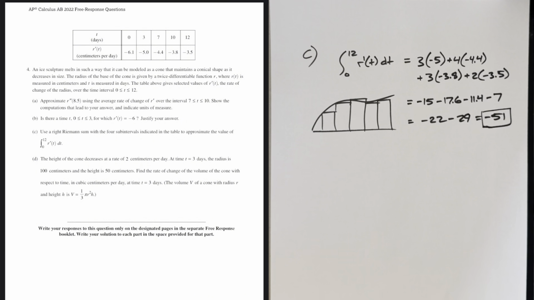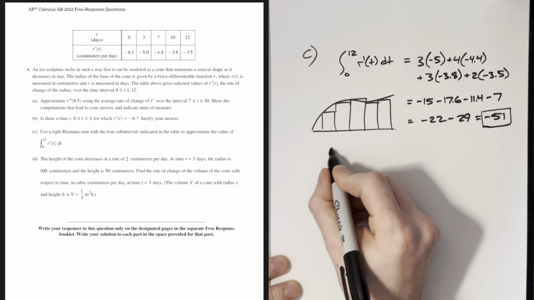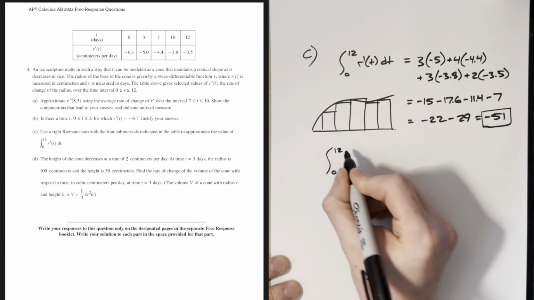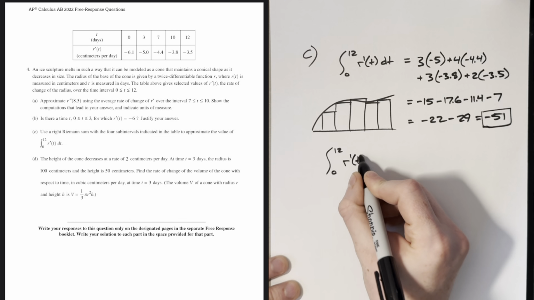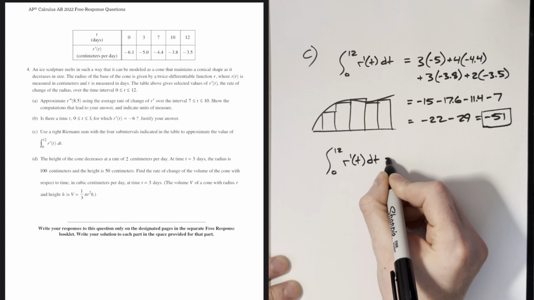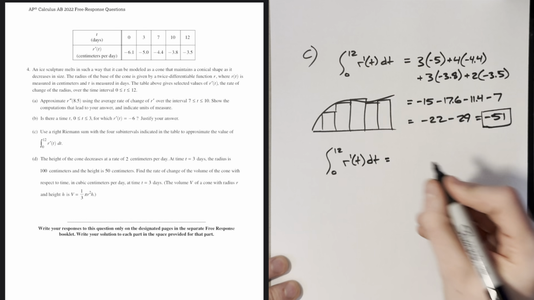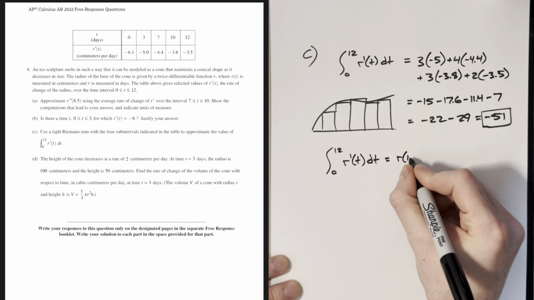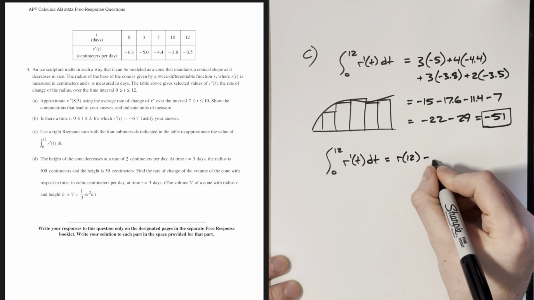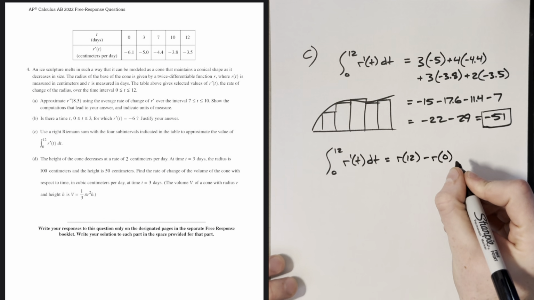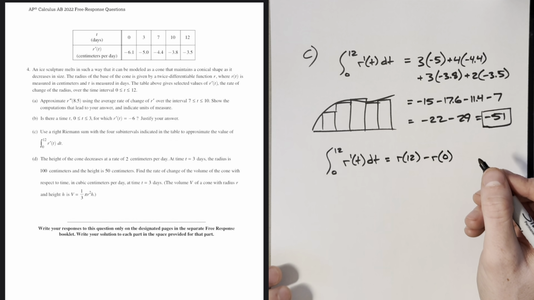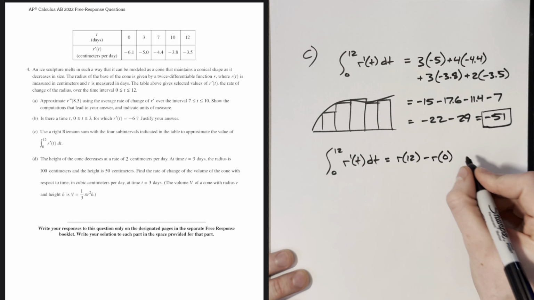Now, I know it doesn't ask for it, but I want to think about what this actually represents in context. What is this -51? What are the units of this -51? Well, we are taking the integral from 0 to 12 of r prime of t dt. I know using the first fundamental theorem of calculus, this is our radius at t equals 12 minus my radius at t equals 0.